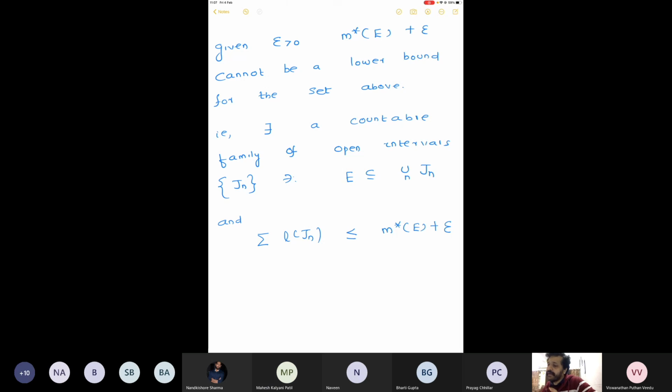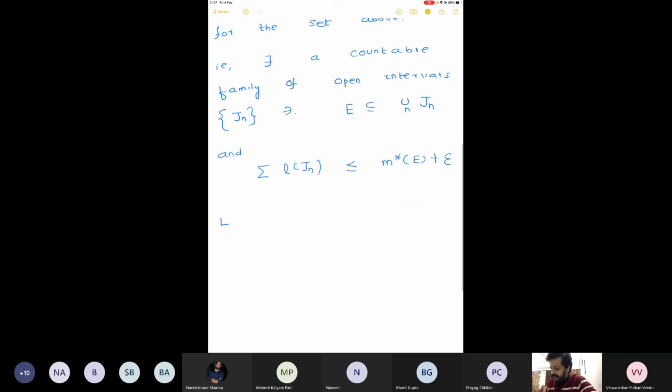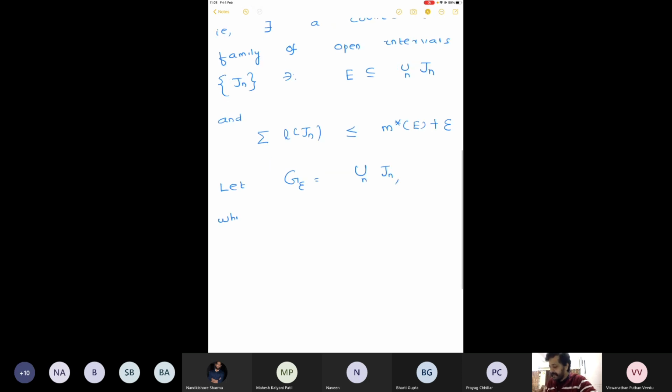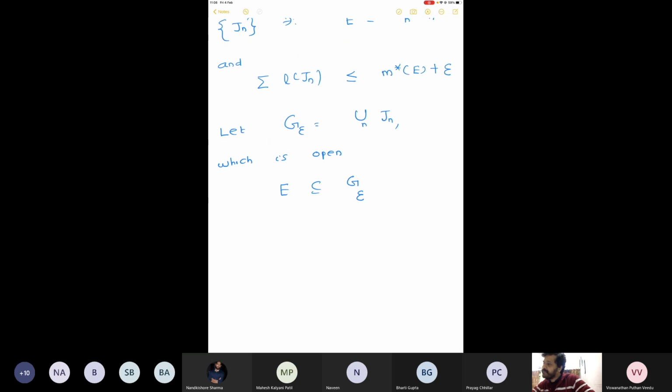Okay. What do you want? You want an open set. You already have open intervals Jn. Okay. So take the union. Let G epsilon be equal to the union over n of Jn. Then it is clear that G epsilon is open, being a union of open sets. And E is contained in G epsilon. What more do we want? m star of G epsilon should be less than or equal to m star of E plus epsilon.